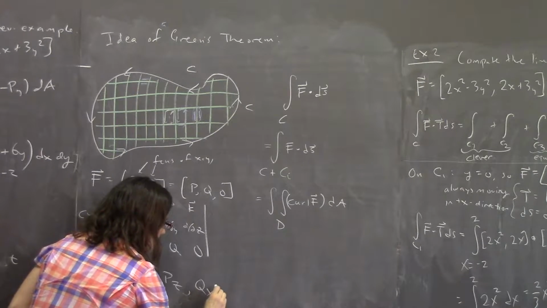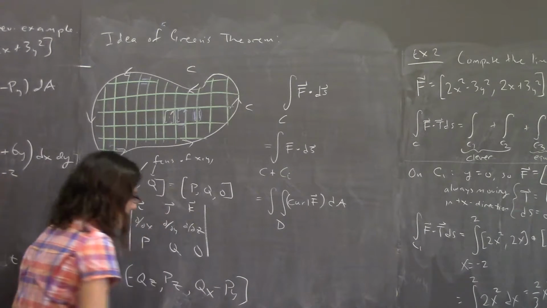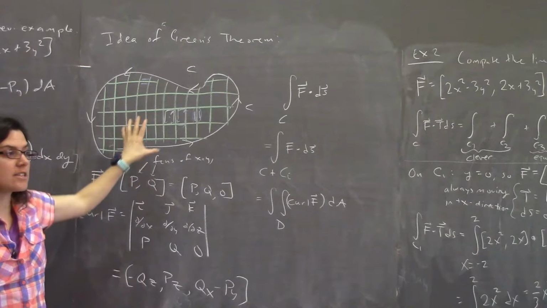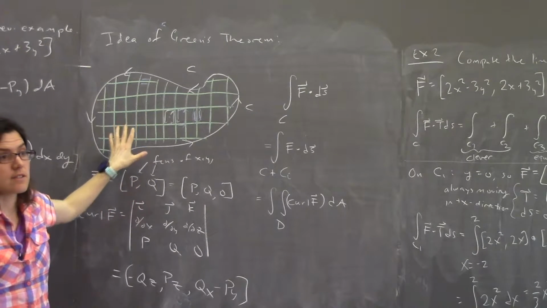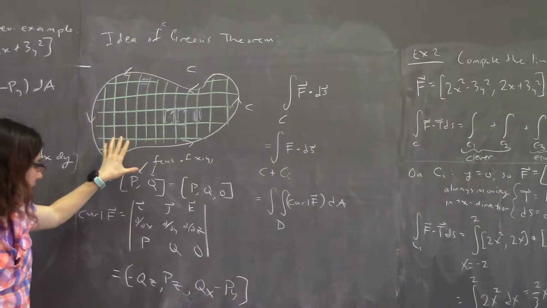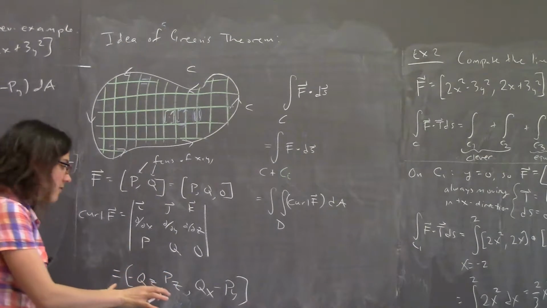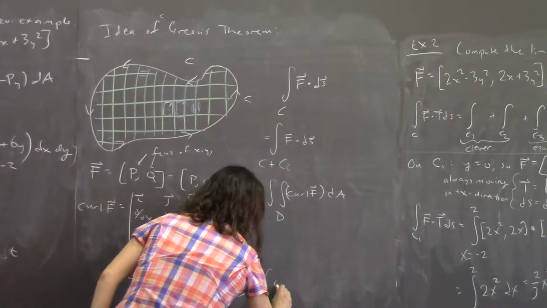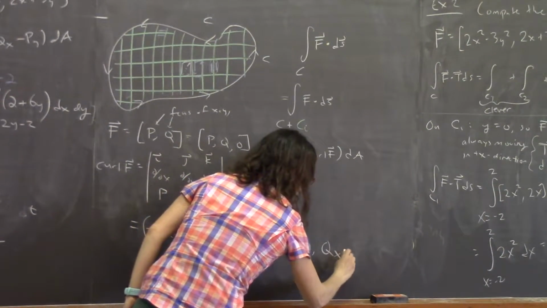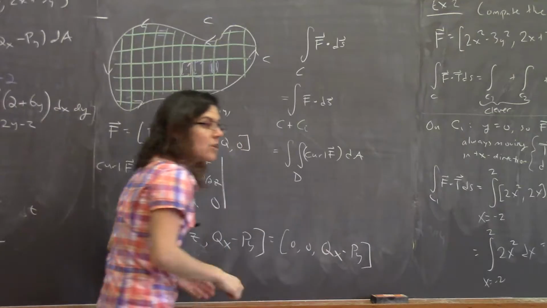So Q_x minus P_y. But these P and Q are just functions of x and y, because it's all happening in the plane. So the derivatives of Q with respect to z and P with respect to z are both 0. So this is just 0, 0, Q_x minus P_y, which we know, right?